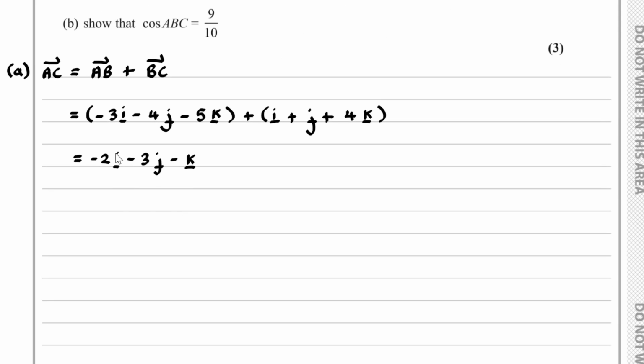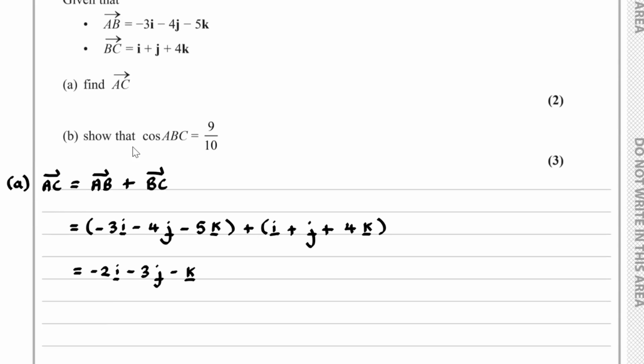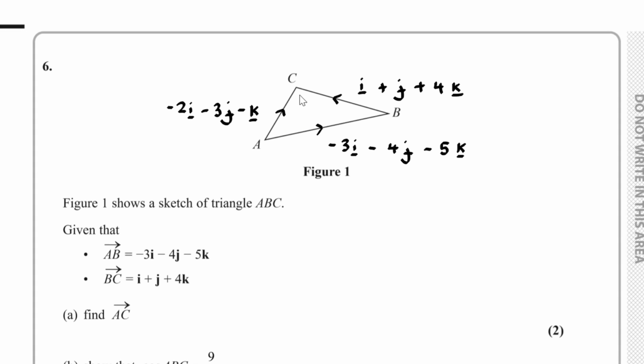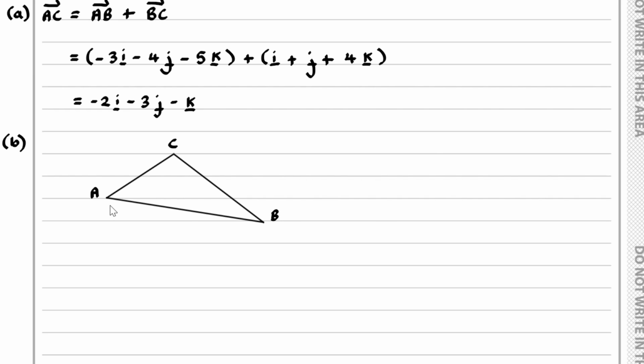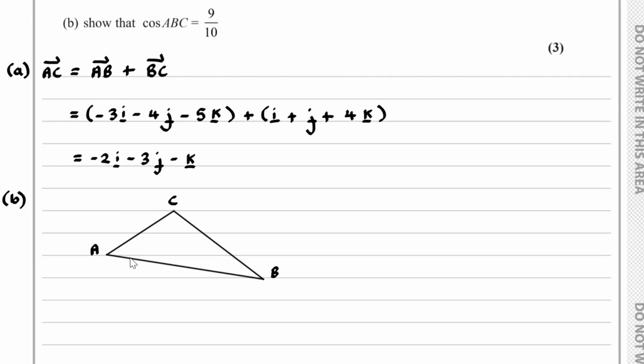If we redraw that triangle, also adding on the magnitudes of the lengths, here is the triangle as required. Now, what we will do is find out the magnitudes of AB, BC, and AC.